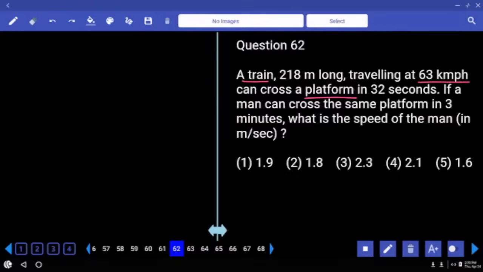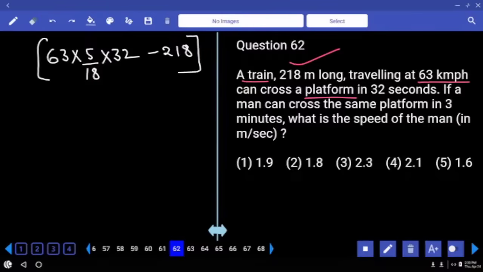Speed mentioned was 63 km per hour converted to meter per second into 5 by 18. And time mentioned was 32. This is total distance covered, which is equal to train length plus platform length, where the train length is 218. If you subtract train length, whatever you get is equal to platform length.